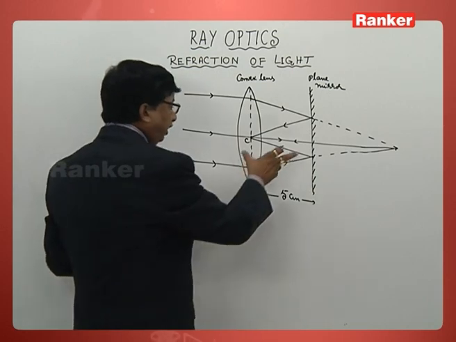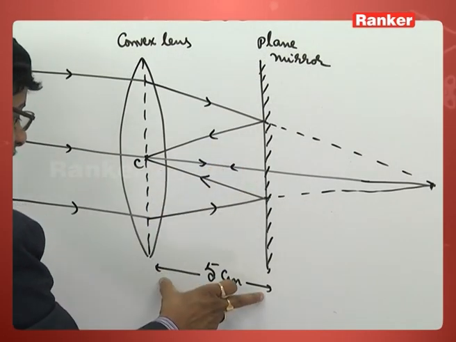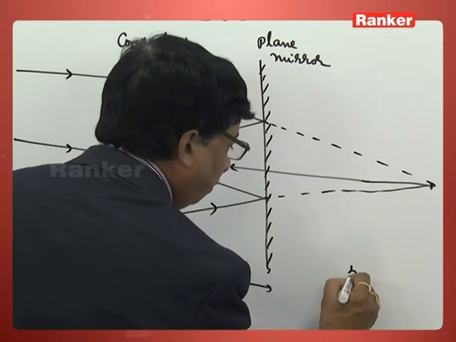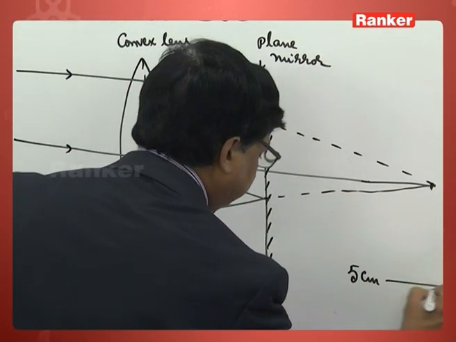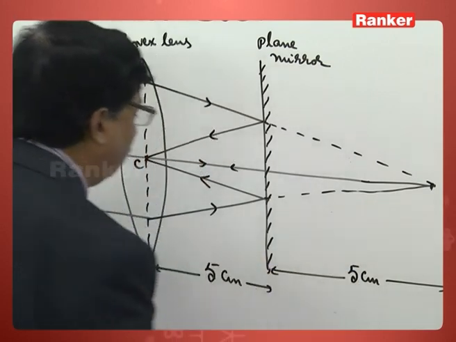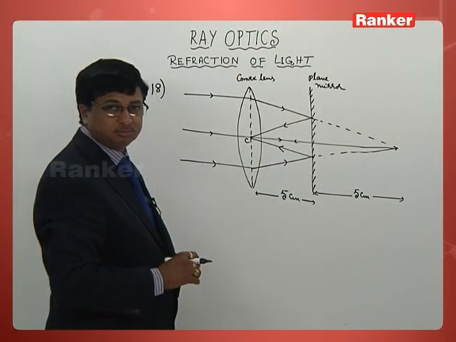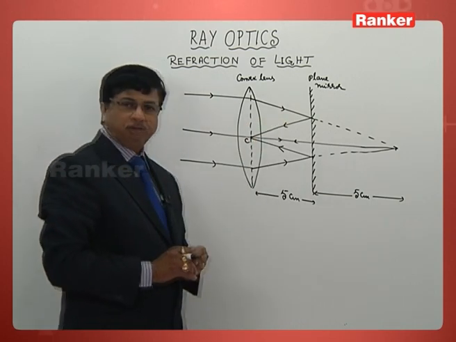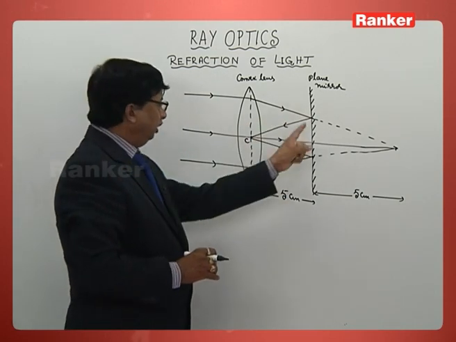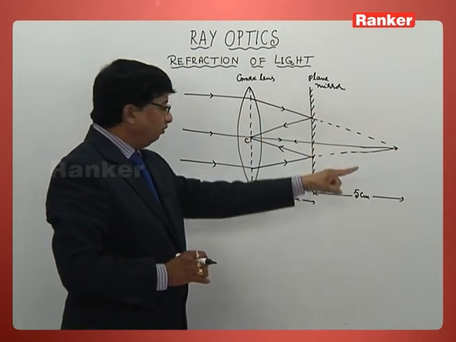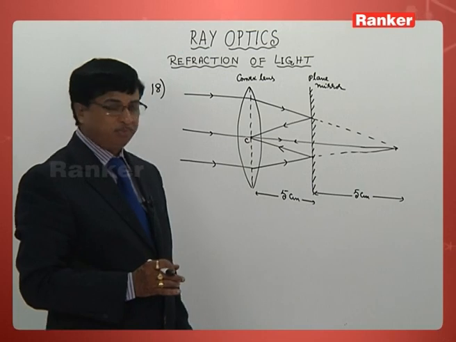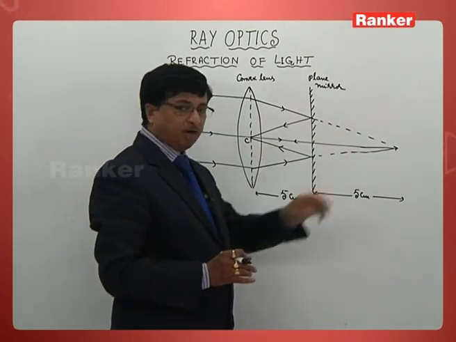Accordingly, when this distance is 5 centimeter, this distance also must be 5 centimeter. There is no doubt absolutely in this calculation. Simple mathematical logic. What is that logic here? The image formed by the convex lens should become an object for the plane mirror. Where is the image going to be formed?